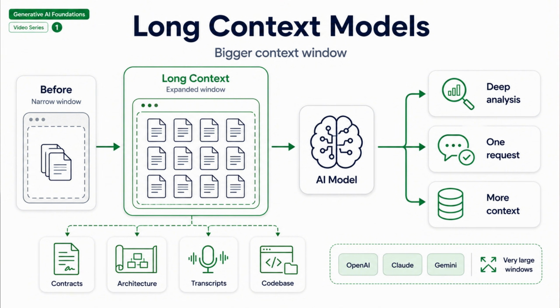Today, different platforms support long context in different ways. OpenAI documents GPT 5.5 Pro with a context window of about 1 million tokens. The Claude models support long context workflows with very large windows, and Gemini models also focus heavily on large context use cases. But this is also where we need to keep the message balanced, because long context does not completely replace RAG.